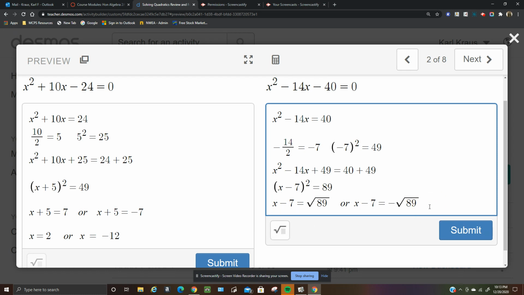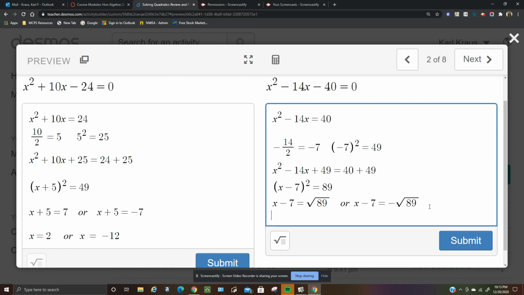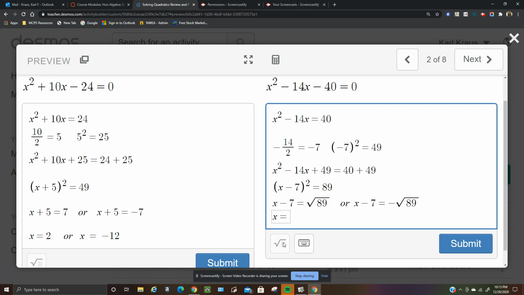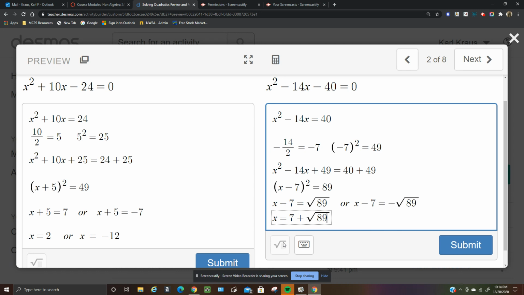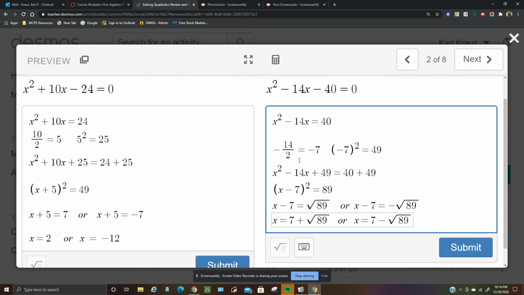And then finishing, x equals 7 plus the square root of 89, or x equals 7 minus the square root of 89. Those are the two on completing the square there.